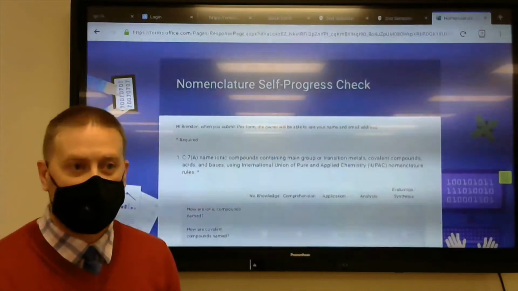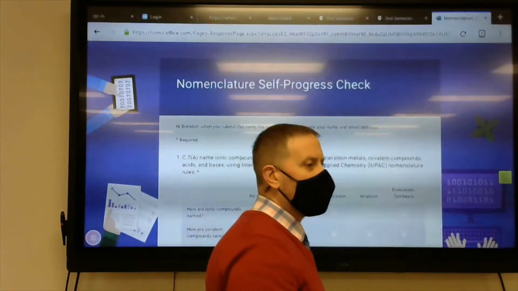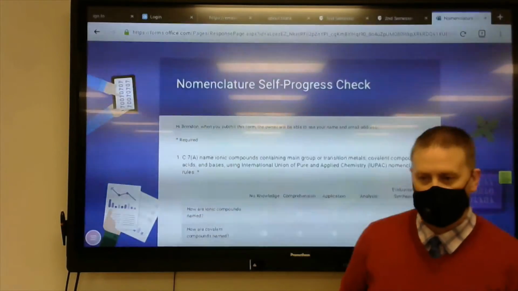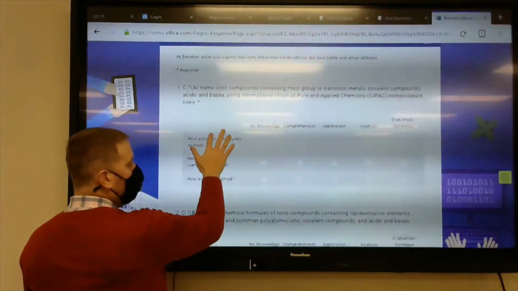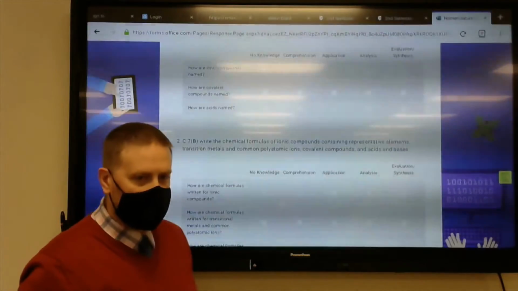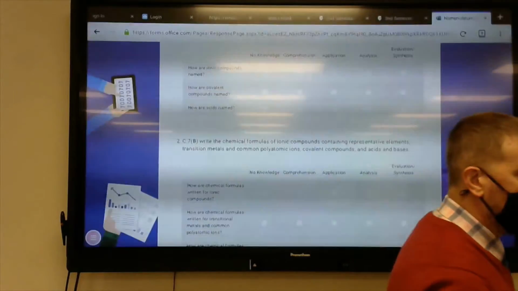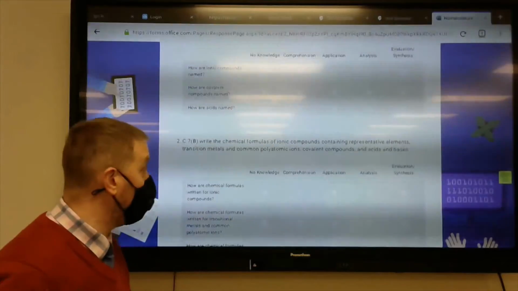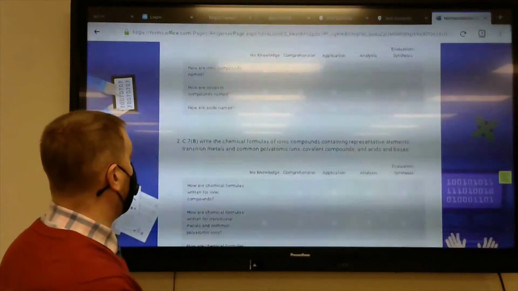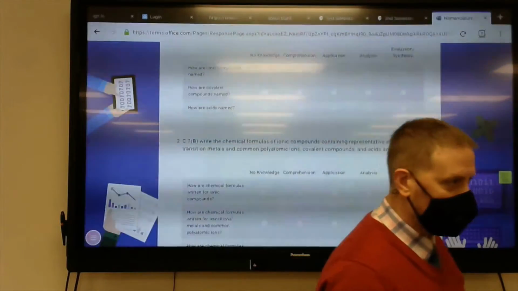Open up the self-check, and I want you to do it for yourself. All right, go through, use the mastery rubric that's in Canvas, and look at the mastery activity. For the question, how are ionic compounds named?